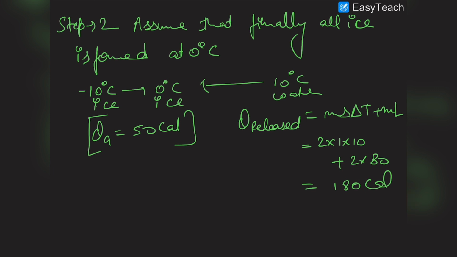So we can say that the water freezes partially, and some amount of water is left in the mixture, and some amount of ice is left in the mixture. So what amount of water freezes?